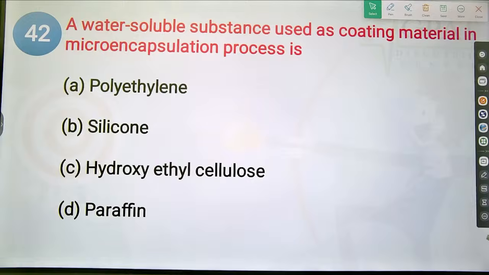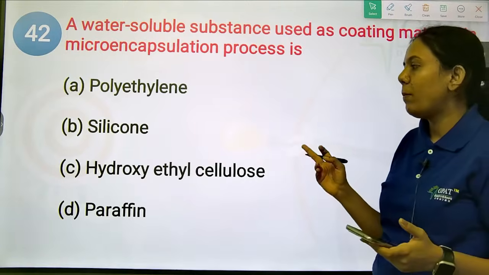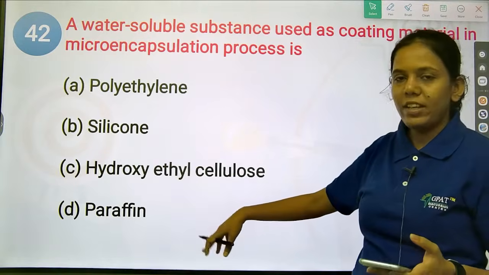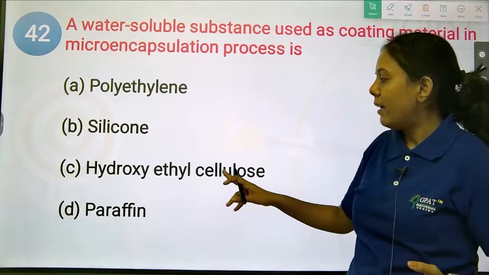Next is, a water soluble substance used as a coating material in the microencapsulation process is... Water soluble material they are asking. See, polyethylene is also water soluble, but we are not using it as a coating material, right? Silicon, paraffin, these are not used.